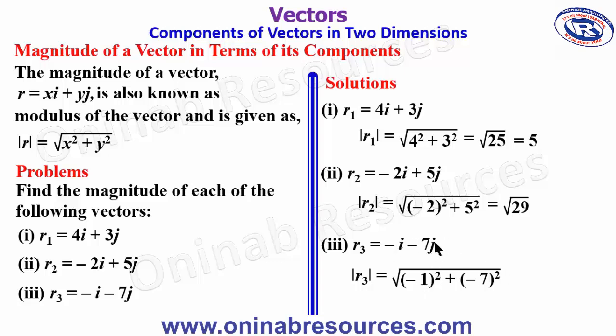And here the coefficient of j is negative 7, which is squared. And this is 49 plus 1, giving us root 50. And root 50 is simplified as 5 root 2. And that's all for the magnitude of a vector in terms of its components.